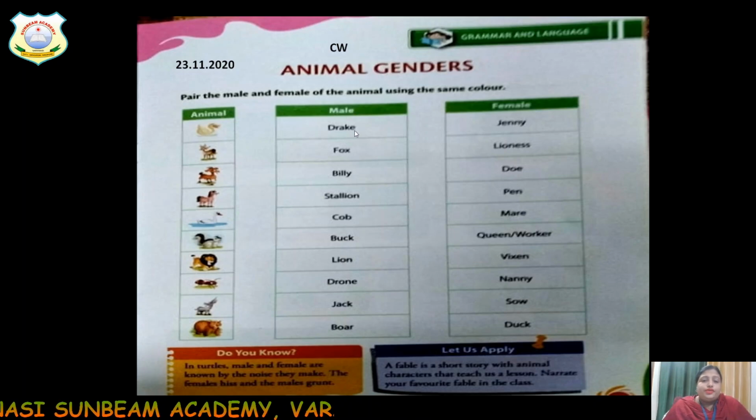First word is Drake. What is the first word? First word is Drake, and Drake will join with duck. Drake will join with duck. Next is fox. Fox will join with vixen.